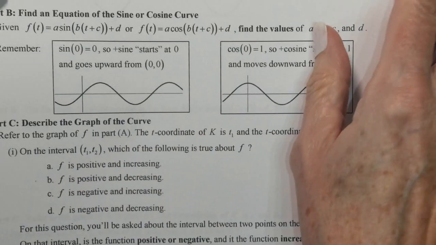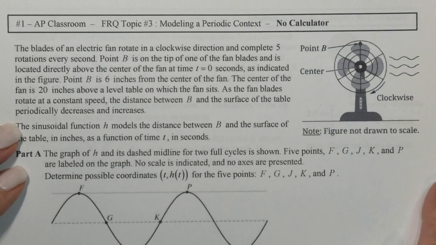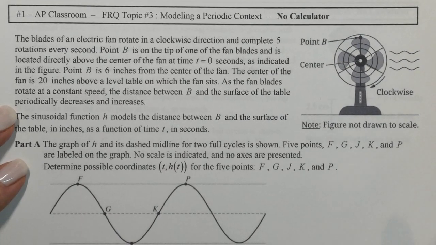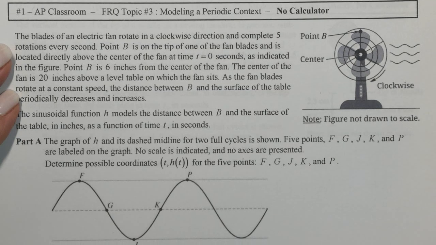But I don't think any of the 3 are really that bad. They involve analyzing the situation and coming up with possible points, then finding an equation, and then describing the curve. Okay, let's do a few examples here.